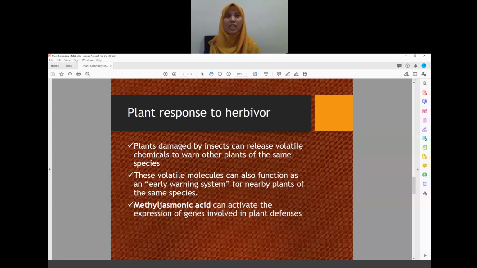She diluted the jasmonic acid to a certain concentration and then sprayed it on the plant. She compared the plants sprayed with jasmonic acid and those not sprayed. The ones sprayed with jasmonic acid produced more fruit and were tolerant to disease.